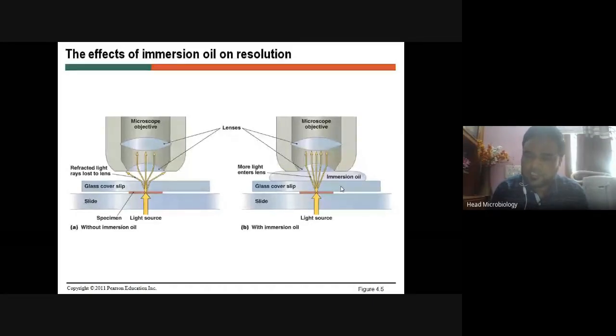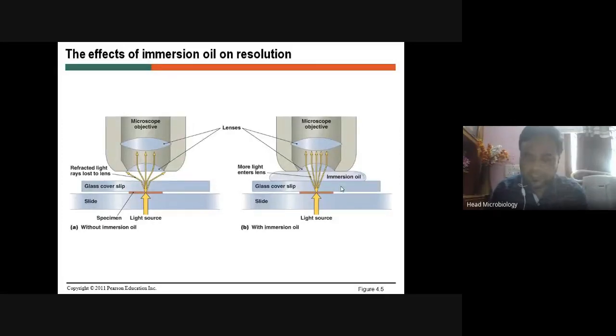So the oil is close to your lenses. So what happens? Instead of refracting, more and more light will pass through the lenses. The very meager light that is coming at oil immersion, that is 100x, is also captured into the lenses. Anyhow, you will understand this well when you do the experiment.